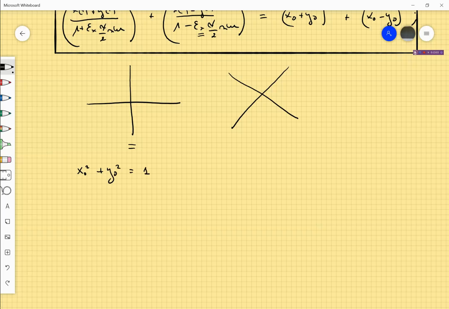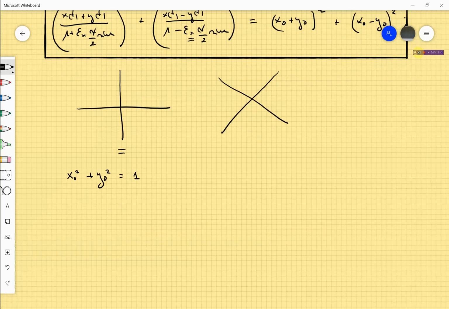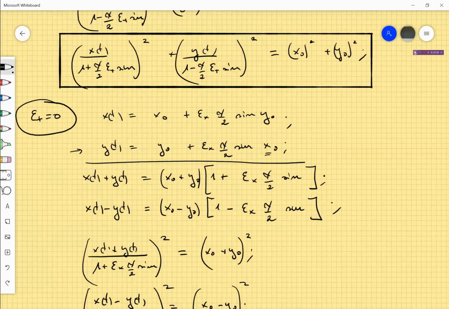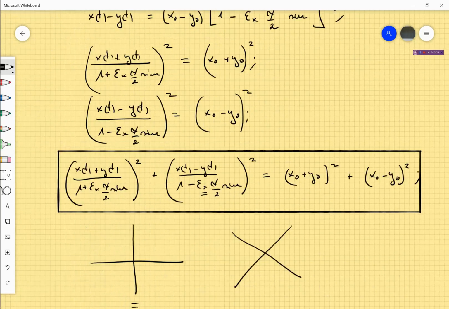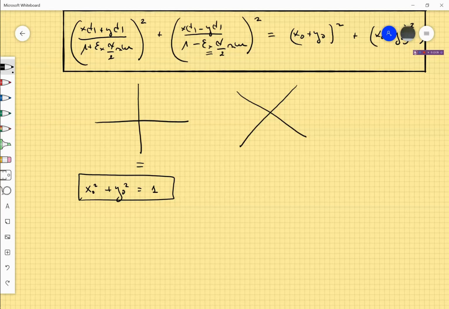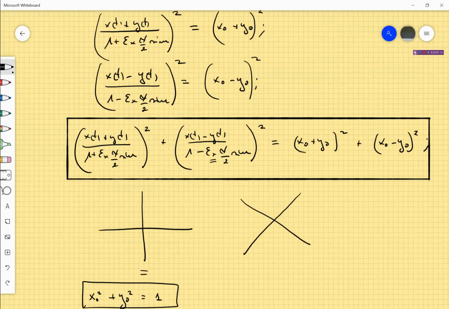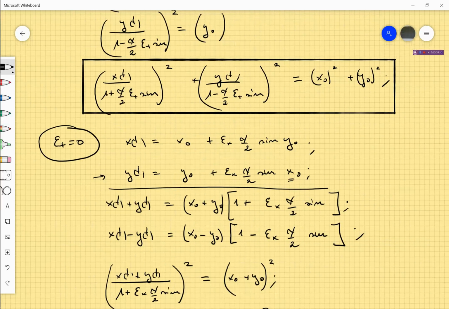So you only consider those particles that satisfy this initial condition. And then if you impose this initial condition in this equation here, what you see is that in one case you have, maybe I should try to copy this equation instead of writing it completely.